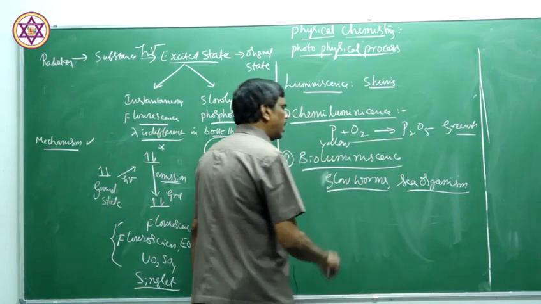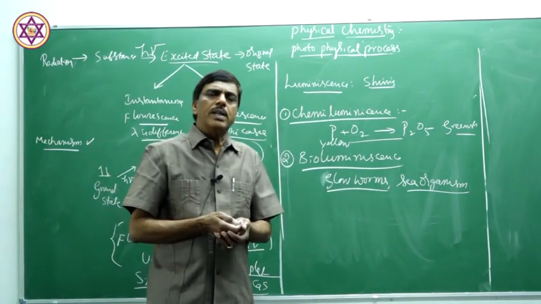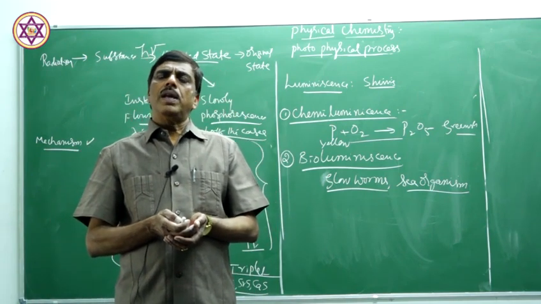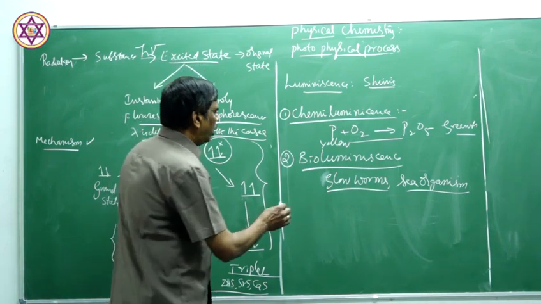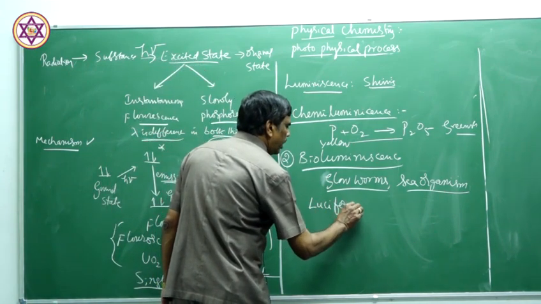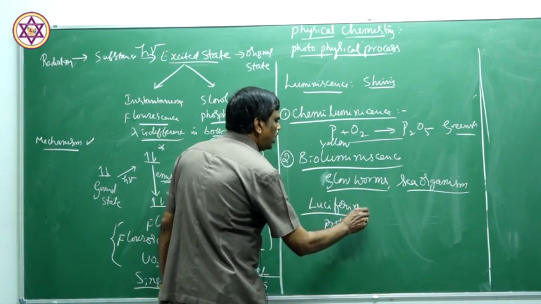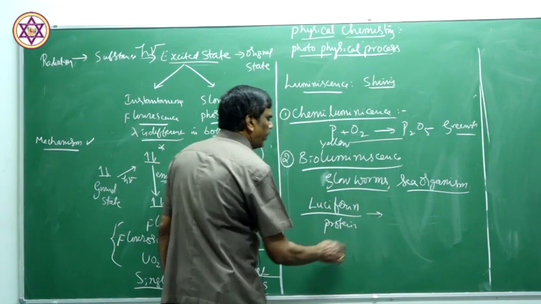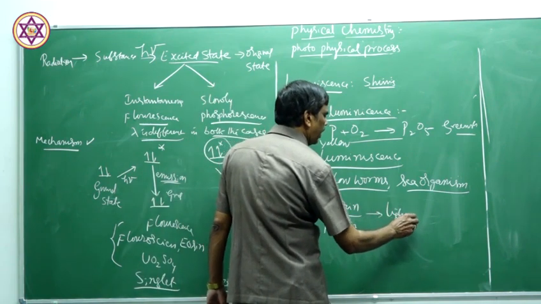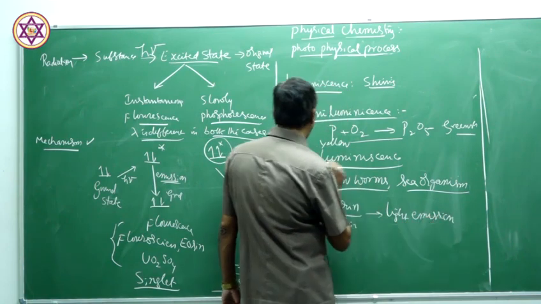Here, in these organisms or glowworms, a biochemical reaction takes place, oxidation of a protein called luciferin. When this undergoes oxidation, light will be emitted. Light emission will be there. This is called bioluminescence.